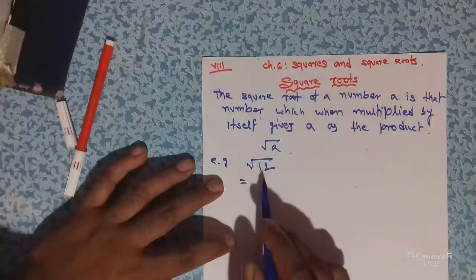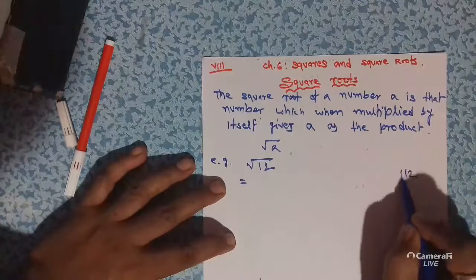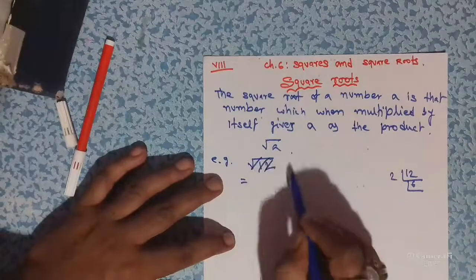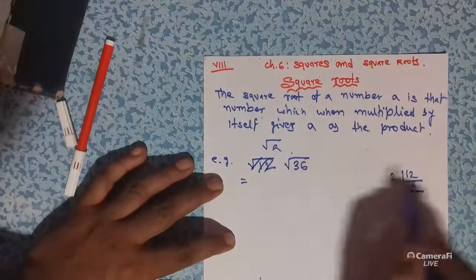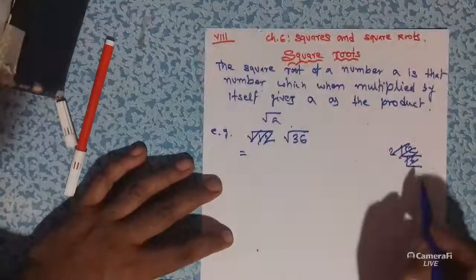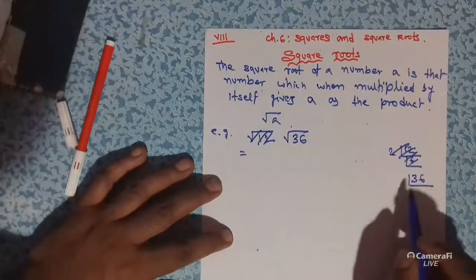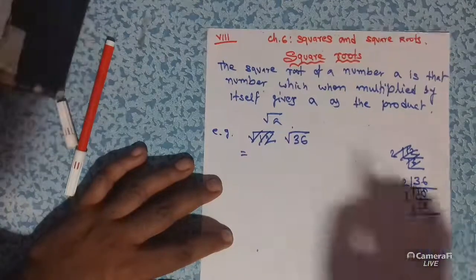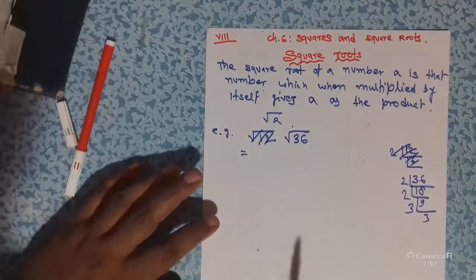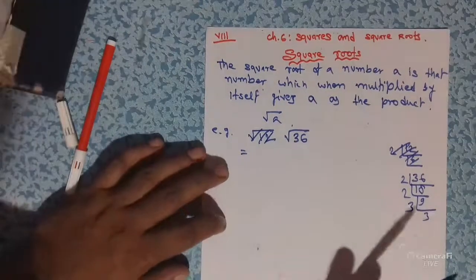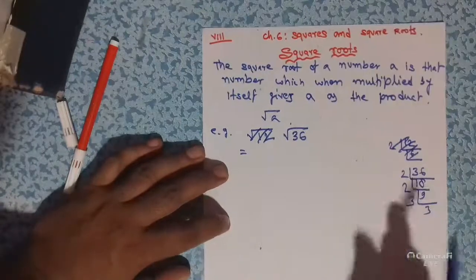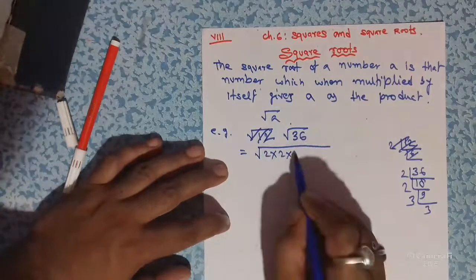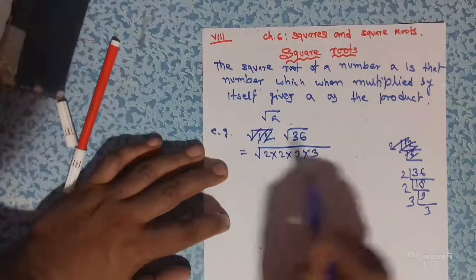So at first you have to factorize 12. 12 is not a perfect square, it should be root over 36. So at first you must factorize 36. Okay, so by using the factorization method, you have to find the prime factors of 36 and write the factors under the root.